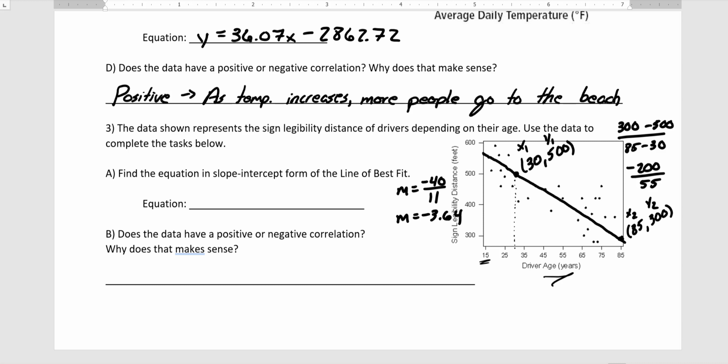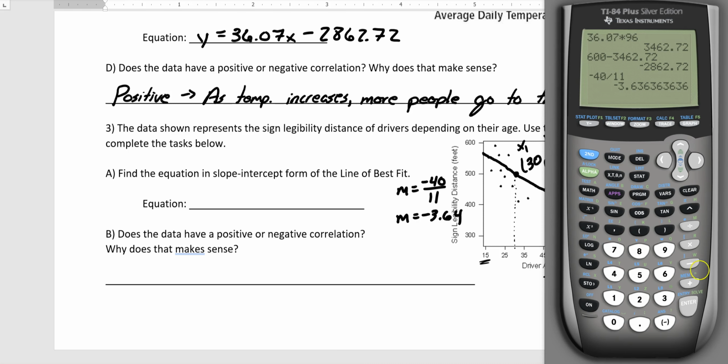And then let's use a point here. Let's use 30, 500. So we'll say y, 500, equals m, negative 3.64, times 30 plus b. Ooh, I should have given myself more space right there. So let's multiply negative 3.64 times 30. When I do that, I get negative 109.1.